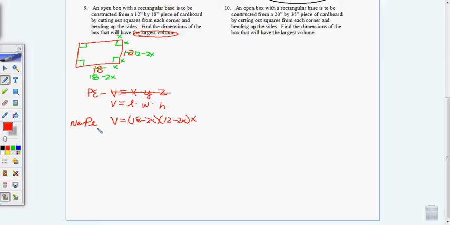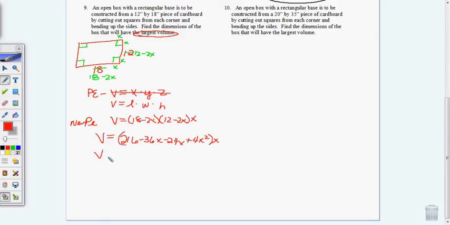Again, if you wish to do the product rule, go for it. I am not going to do the product rule. 18 times 12 is 216 minus 36x minus 24x plus 4x squared. And that also has an x yet behind it.